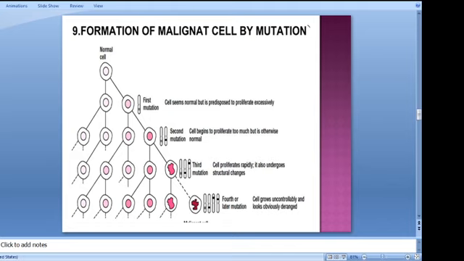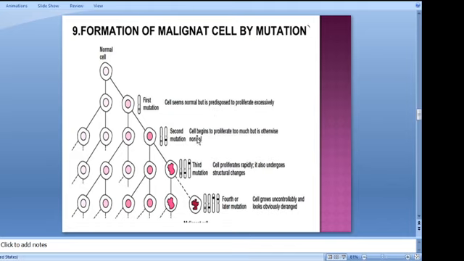Okay. So now we can see how the mutation is happening, how the normal cell becomes a malignant cell by mutation. The normal cell, then first mutation, second mutation, third mutation and fourth mutation. So what is happening with each and every mutation? With the first mutation the cell seems normal, but it is predisposed to proliferate extensively.